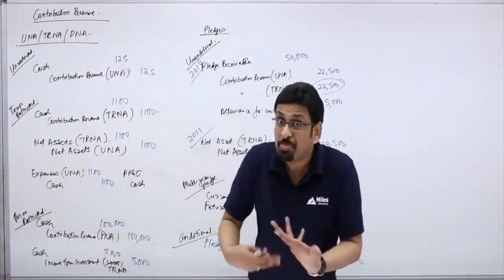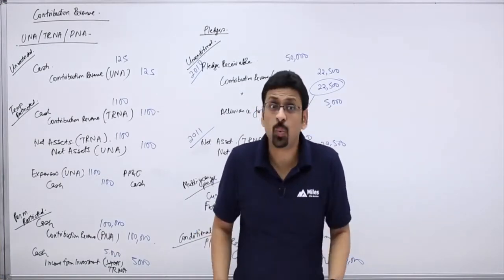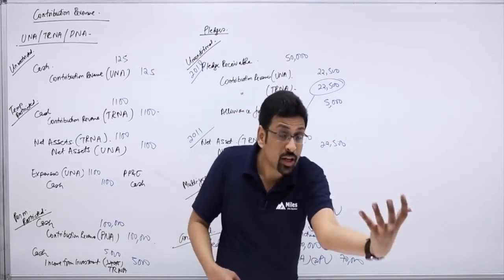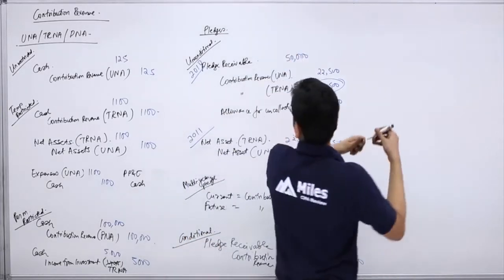Now we'll talk about some special contributions that an NPO can receive. Let's start with donated services. So the NPO might have some volunteers who donate their services to the not-for-profit organization.